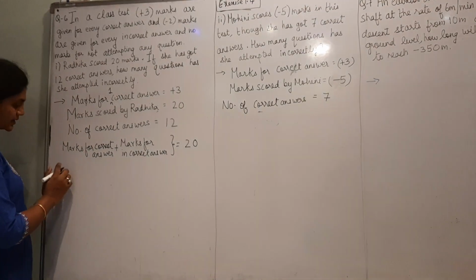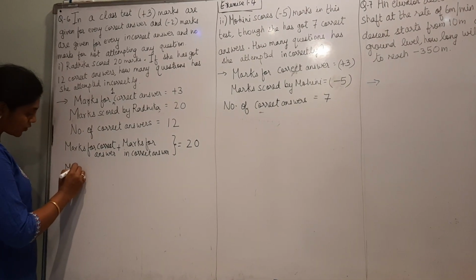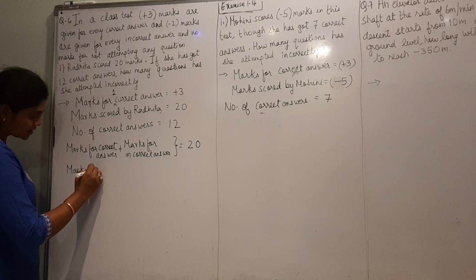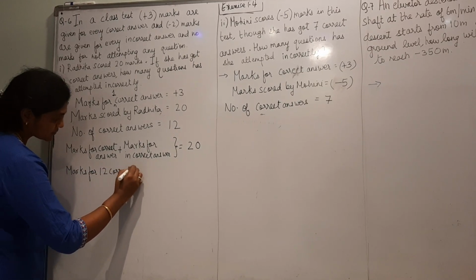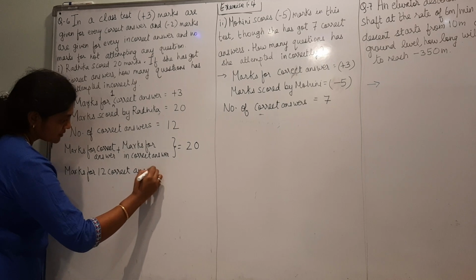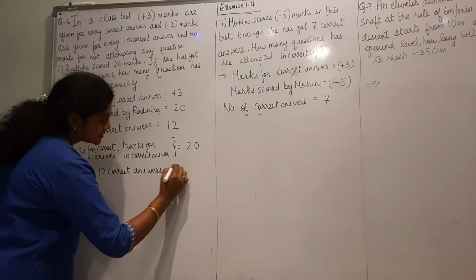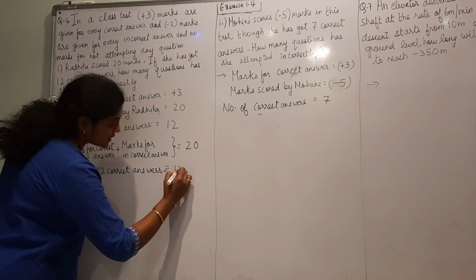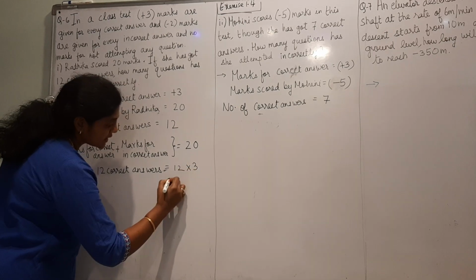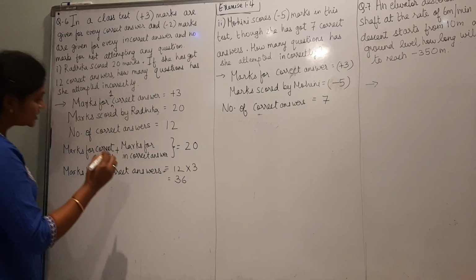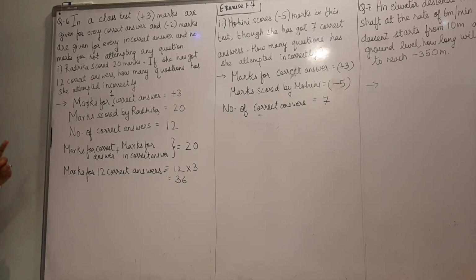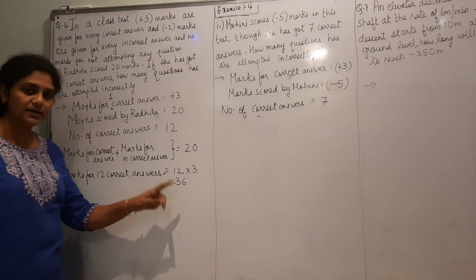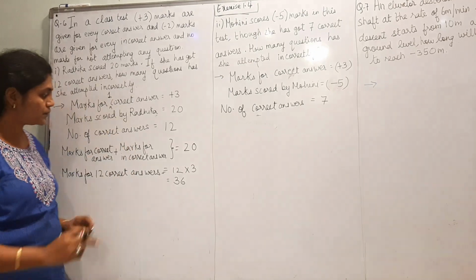So you will write marks for 12 correct answers, that is 12 into 3, that is 36. So this portion you got, marks for correct answer, that is 36.